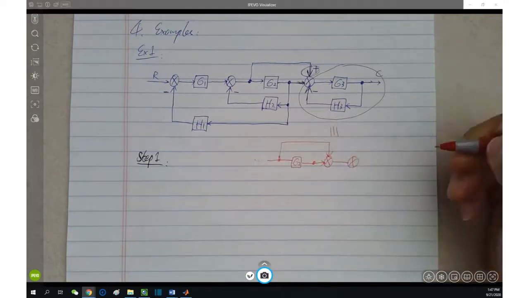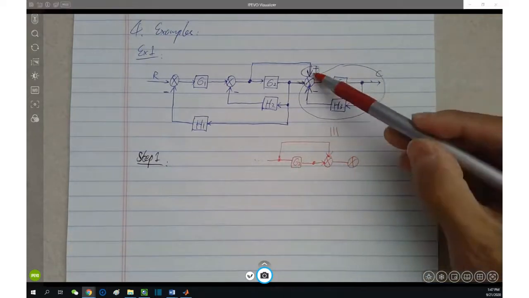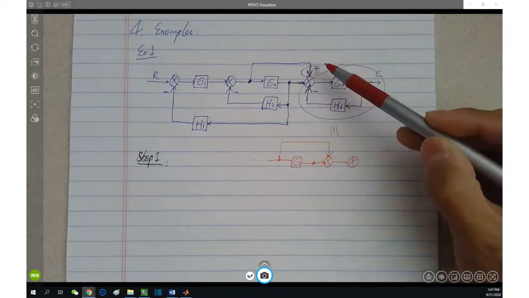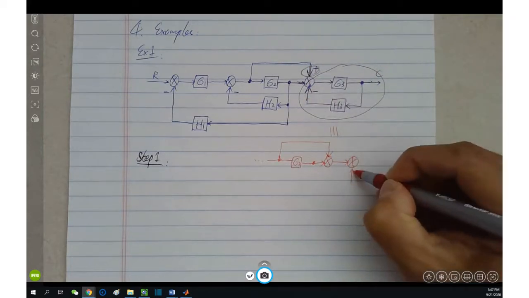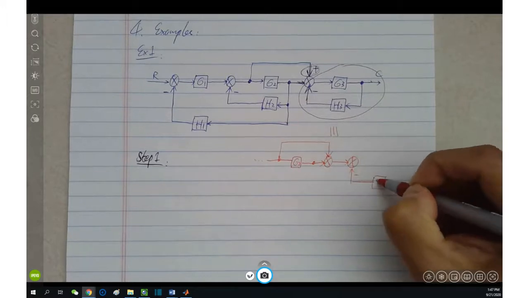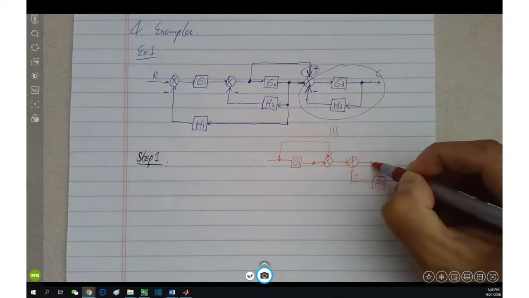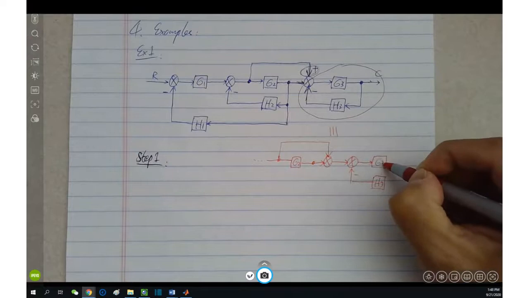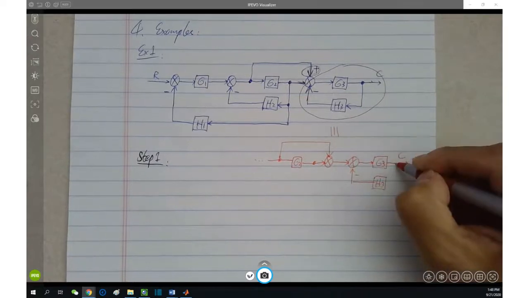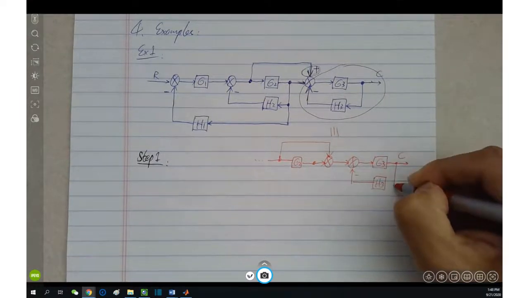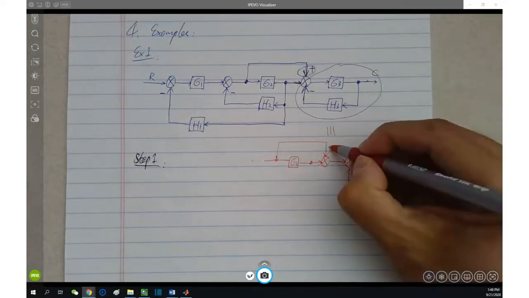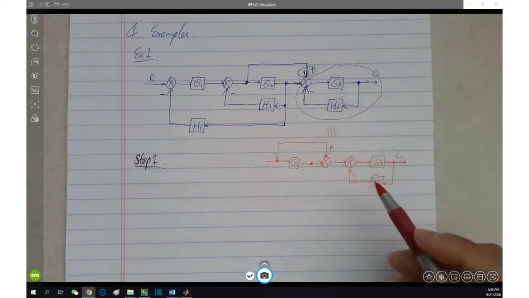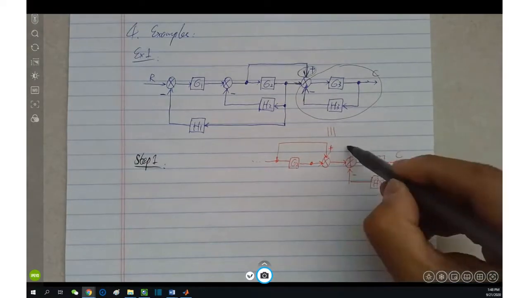Equivalent to separating this top input and the rest of the feedback by doing this. We just mentioned the example of how to combine two summing junctions. However, if you want to separate them, of course that's also valid. Does it make sense?